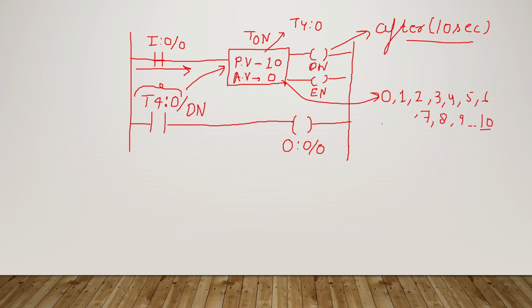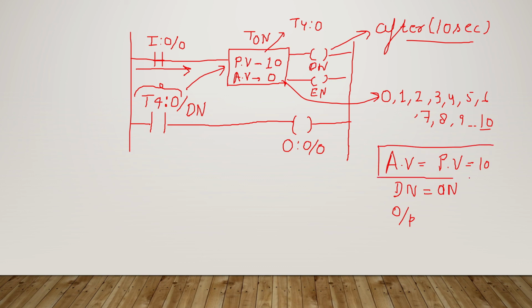When your accumulated value equals your preset value, your done bit will be on and you get an output. So the accumulated value is equal to the preset value, which is 10 seconds, and when the accumulated value equals the preset value, your done bit will be on and we can connect the output from our done bit.